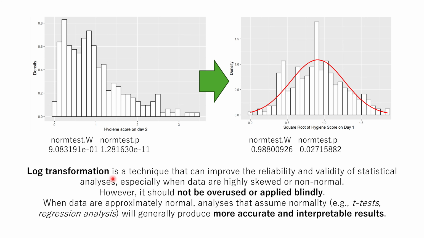Log transformation, square root transformation, and reciprocal transformation are techniques that can improve the validity and reliability of statistical analysis. But I again mention that they should not be overused or applied blindly.